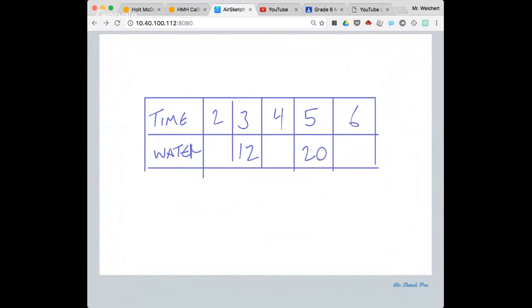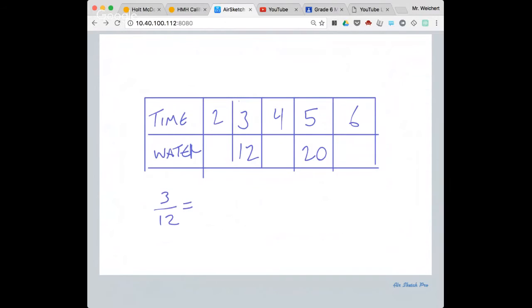Another pattern that we can look at is the ratios here. These are ratios, 2 to something, which is equivalent to 3 to 12, which is equivalent to 4 to something, which is equivalent to 5 to 20. Let's just stick with 3 to 12.